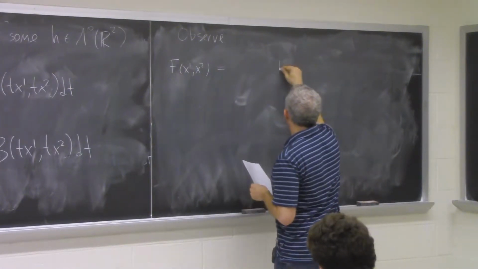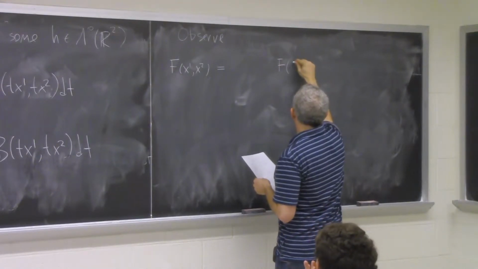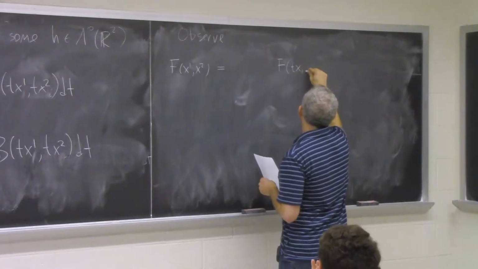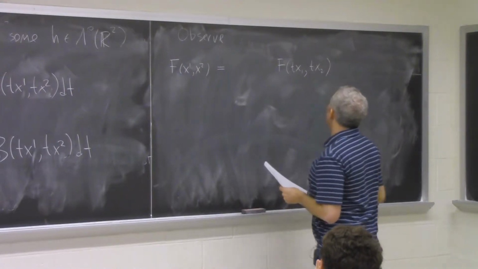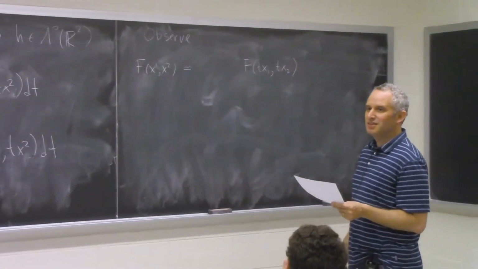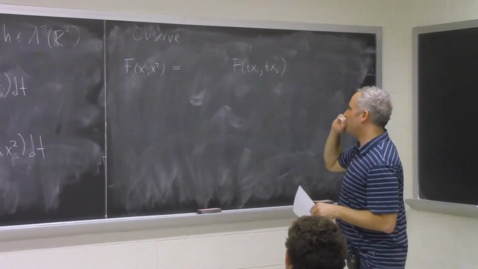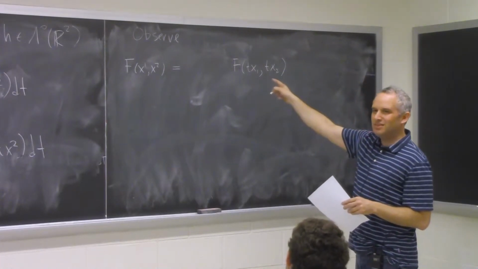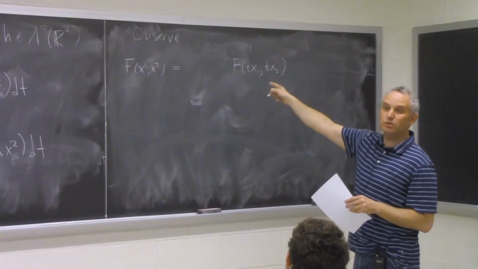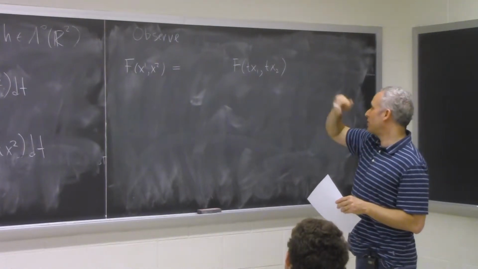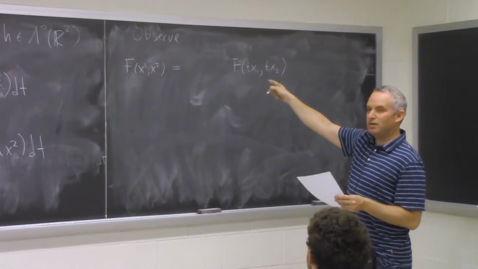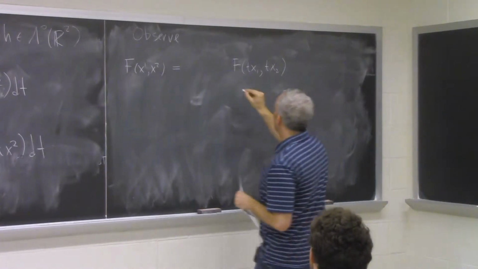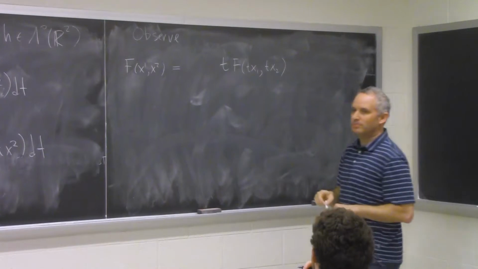So let's look at F(tx1, tx2). Okay, so that's not equal to F, right? But if we evaluate it at t equals 1, it is equal to F. And if we evaluate it at 0, then it's not right. So let's put a t here.